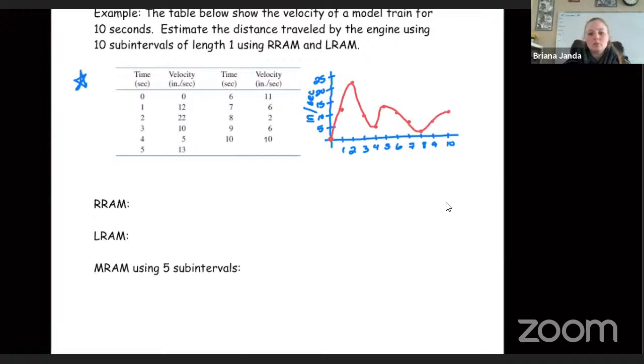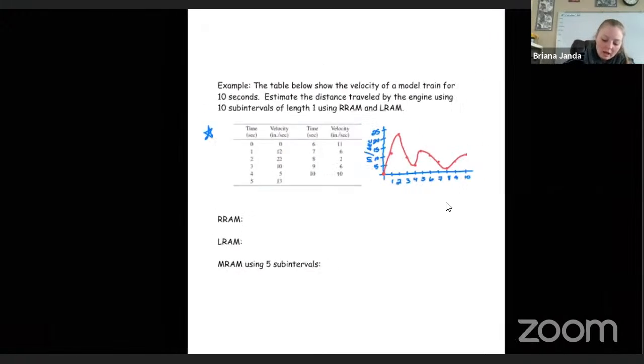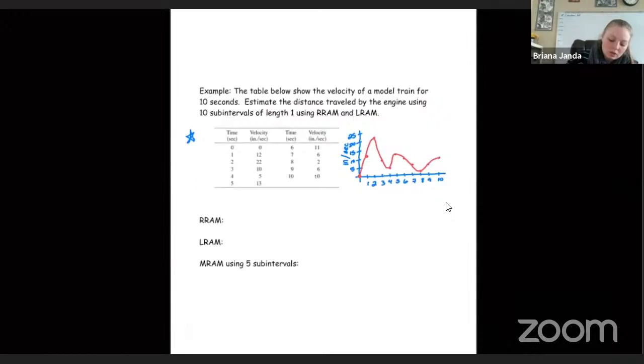So when it says estimate the distance traveled of the engine using 10 subintervals of length 1, well, we went from 0 to 10, which means each of our little rectangles that we are going to draw will have a base from connecting one number to the next, from 0 to 1, 1 to 2, 2 to 3. Those would be each of our bases. Our bases are going to have a length of 1. The height will depend on the question.